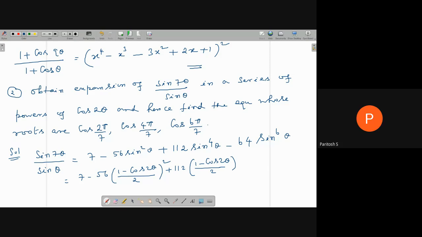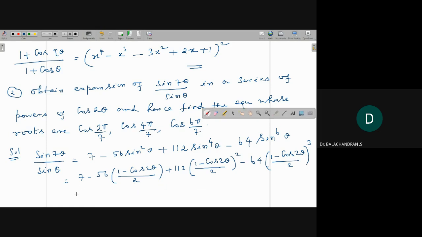I think I made a mistake in the first part, the square will not come. Sin square theta is 1 minus cos 2 theta divided by 2, and then sin power 4 theta is its square, and sin power 6 theta is 1 minus cos 2 theta divided by 2 whole cube. Okay. Now this is equal to 7 minus 28 into 1 minus cos 2 theta.